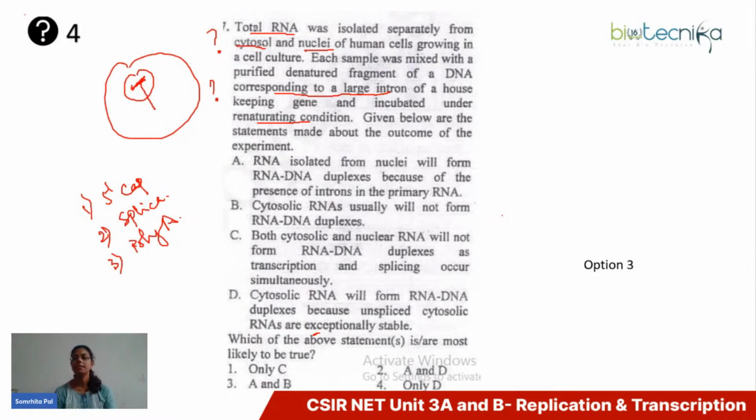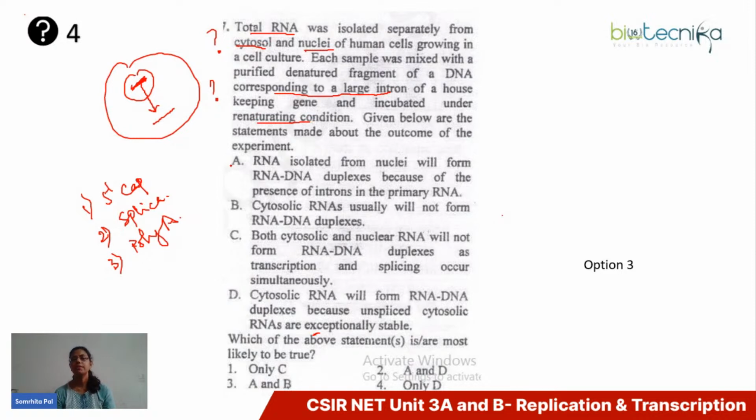But the moment it comes out to the cytosol, it is understood that it doesn't have any introns anymore, because you will not be transported to the cytosol until the transcription is over and the entire processing has been completed, right? So even if over here we do have some chances of getting an intron, the intron which has yet to be spliced, over here when it is in the cytosol we will definitely not get any introns.